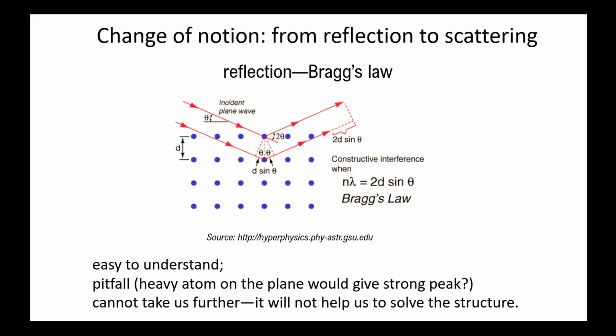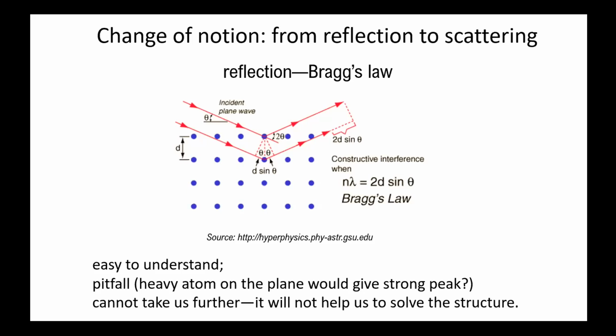At the very beginning, I think we need to have a change of notion. I think everyone is very familiar with XRD, and probably the classical picture is still Bragg's law. A lot of times people will talk about the X-ray shining on the plane of atoms, and then we have either constructive interference or destructive interference of the outcoming X-ray.